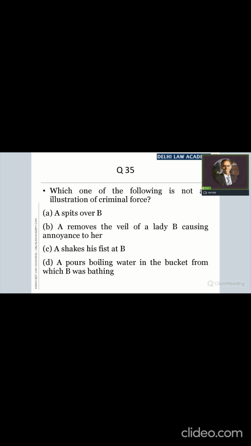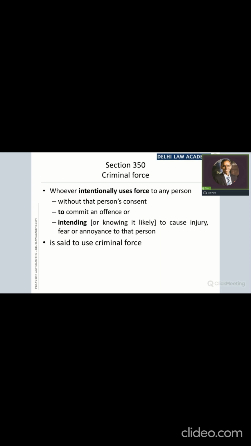Now, we are concerned with use of criminal force. Where is this defined? This is defined in section 350, use of criminal force. Whoever intentionally uses force to any person without that person's consent to commit an offense or intending to cause injury, fear or annoyance to that person.